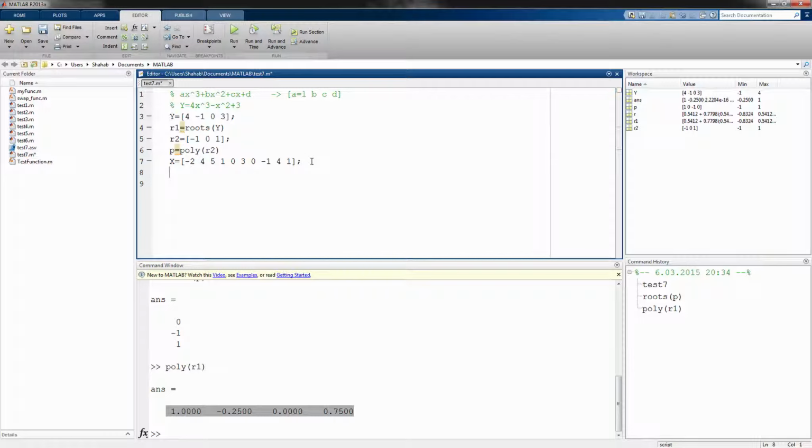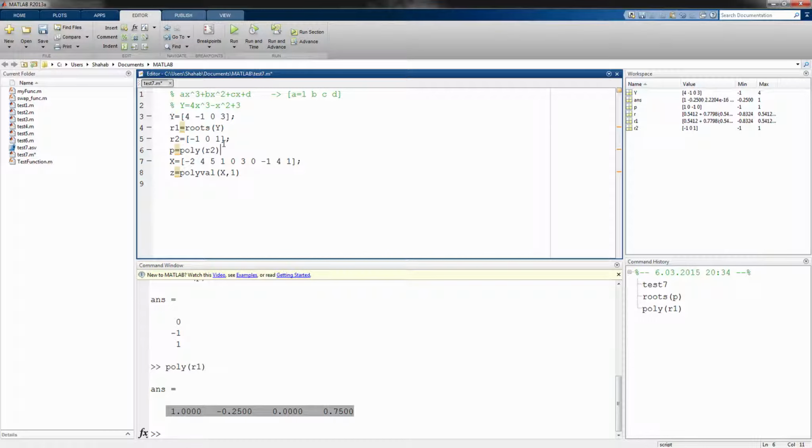For this purpose, we can say that the result z is equal to polyval. Polyval is a function we use to calculate the polynomial value. I am giving x and I want to know the value when x is equal to 1.